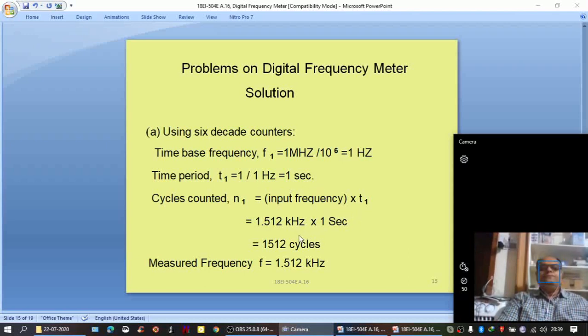So obviously it is 1512 cycles multiplied with 1. That means 1512 cycles. What would be the measured frequency then? Obviously, it is 1.512 kilohertz. So many number of cycles per second. That is the frequency.